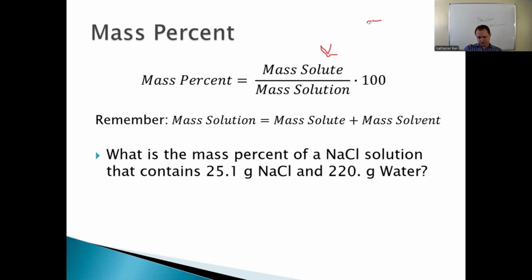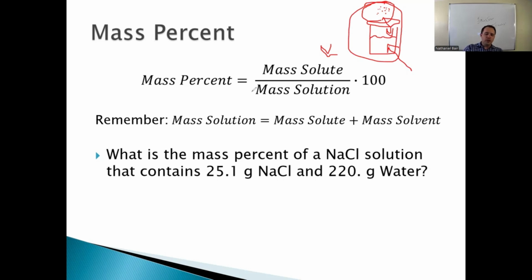Well, the solute is the thing that gets dissolved. If I am going to make a solution, my solute would be this thing that I'm dissolving in there. And the thing that does the dissolving, that's called the solvent. Together, the solute and the solvent make the solution.